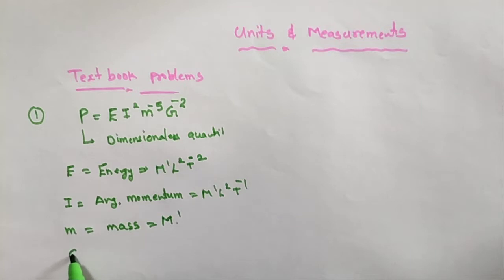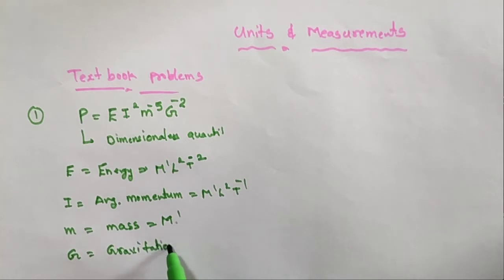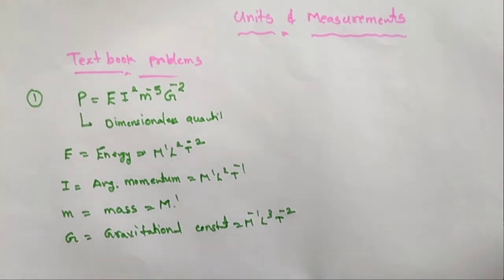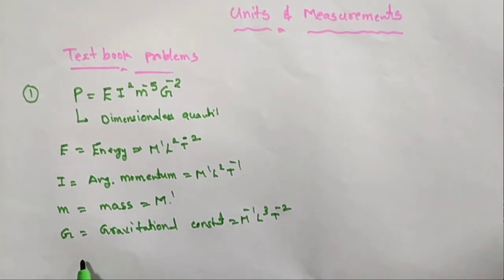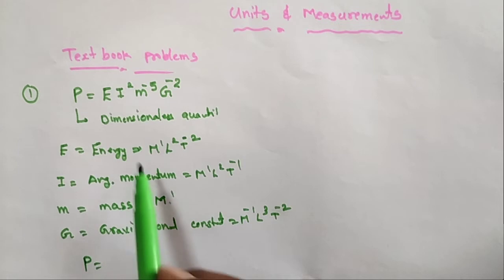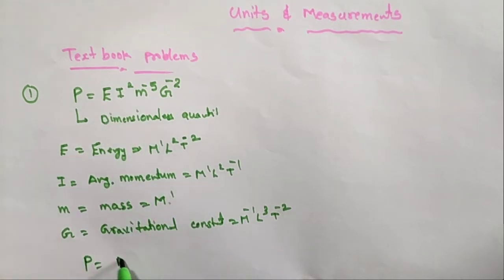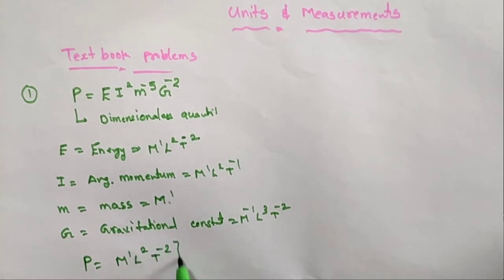And capital G is equal to gravitational constant. Here the dimensional formula is M power minus 1 L cube T power minus 2. So substitute in this equation. P is equal to, first, capital E, the dimensional formula is M power 1 L square T power minus 2.